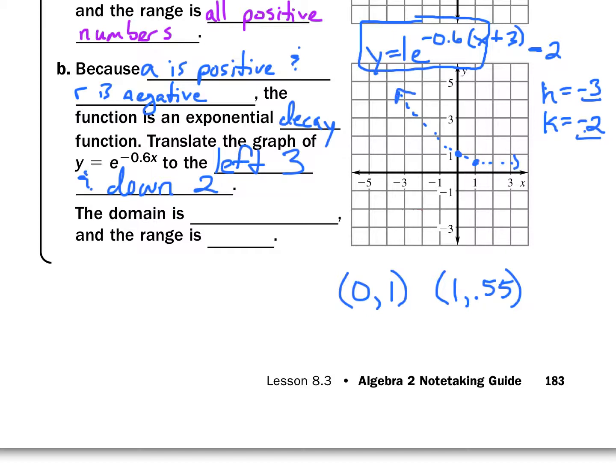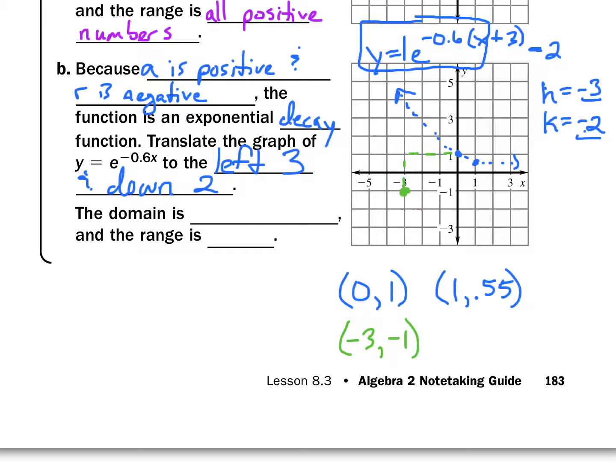However, my new function is shifted 3 units to the left, so 1, 2, 3, and 2 units down, 1, 2. So that means one of my points is right there at negative 3, comma, negative 1.